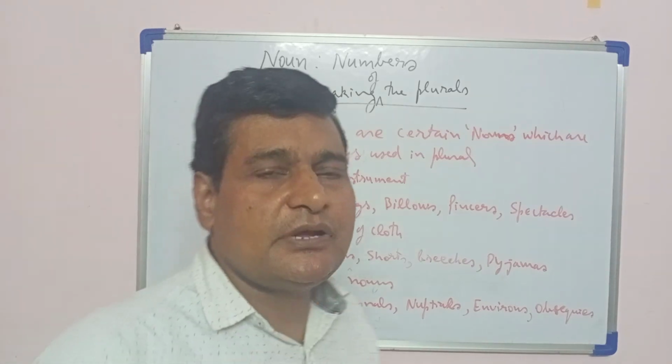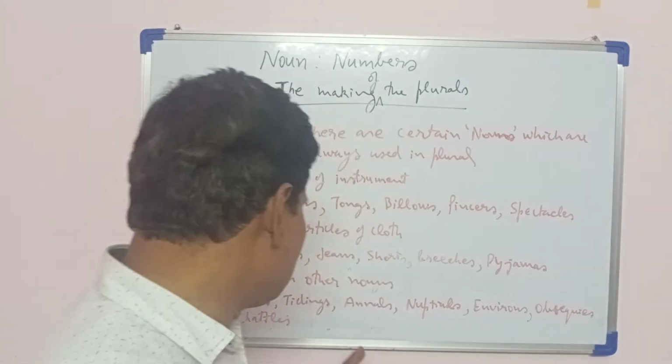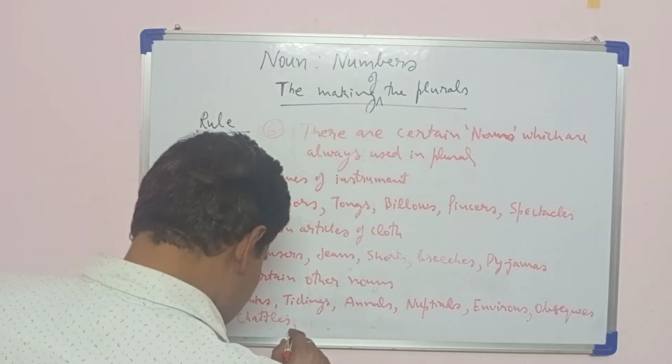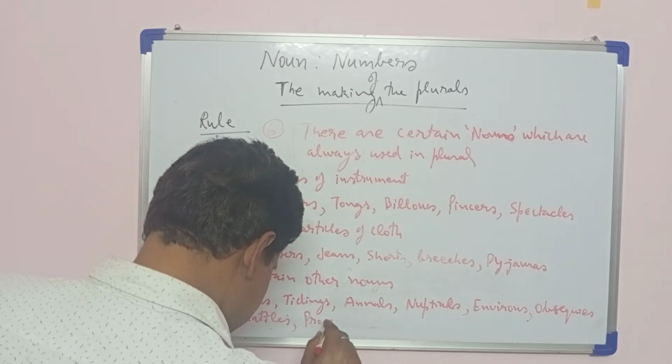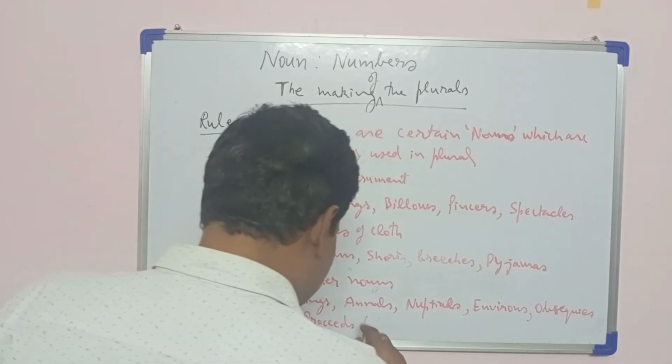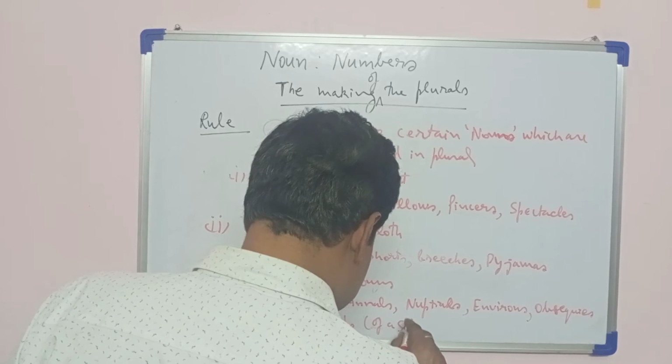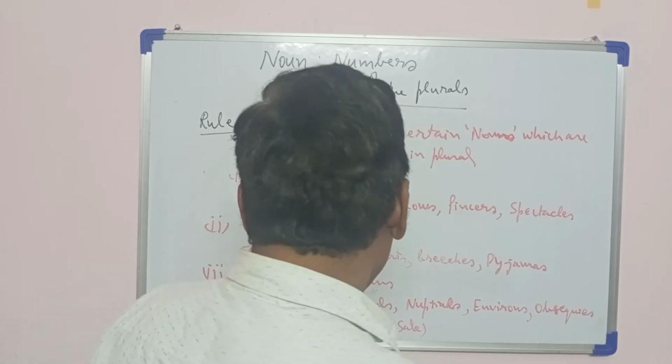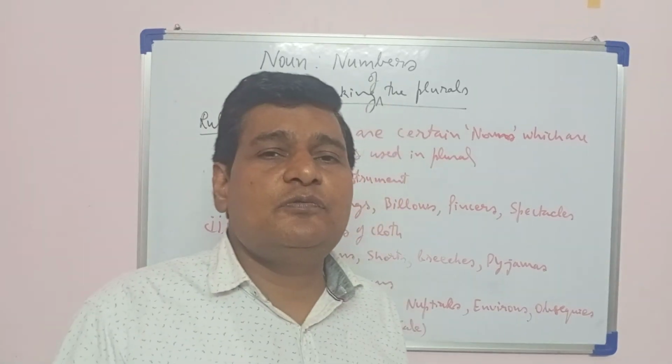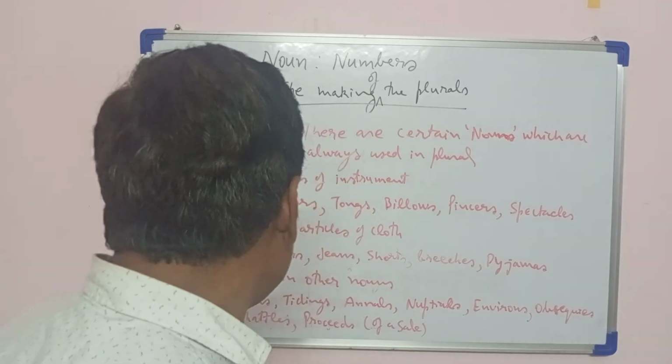These are the words which are always used in plural form. Proceeds of a sale. Now let's move forward and understand some other forms.